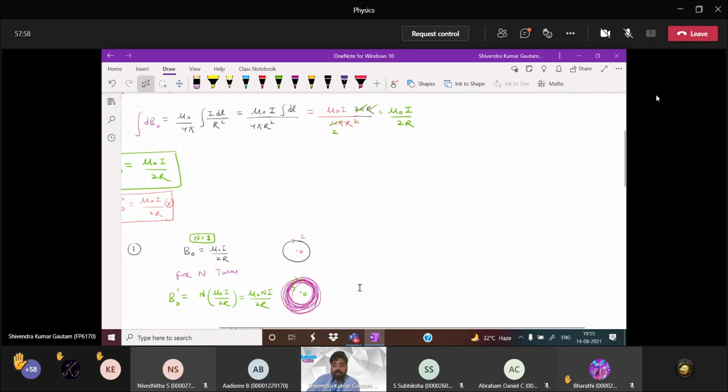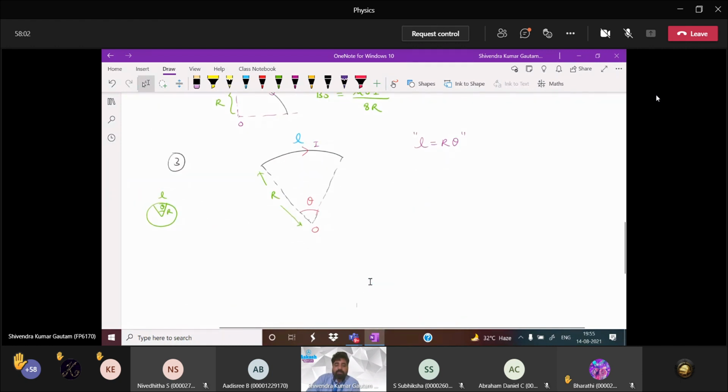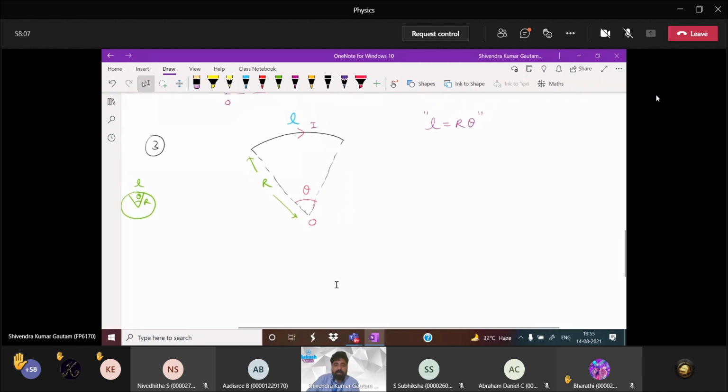So you see, mu naught I divided by 4 pi r square. This you can understand from the derivation, that's why I told you to focus on the derivation part. The magnetic field at point O is mu naught I divided by 4 pi r square, integral dl.